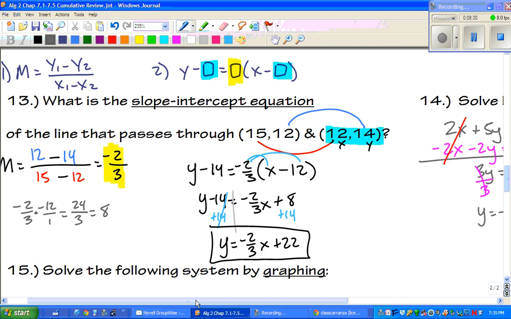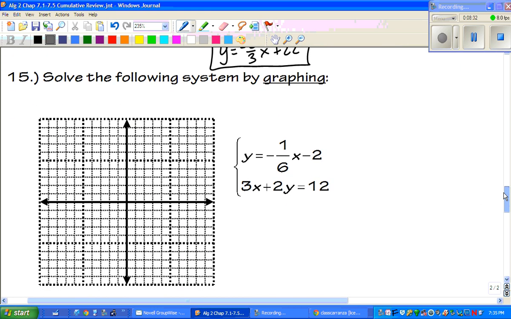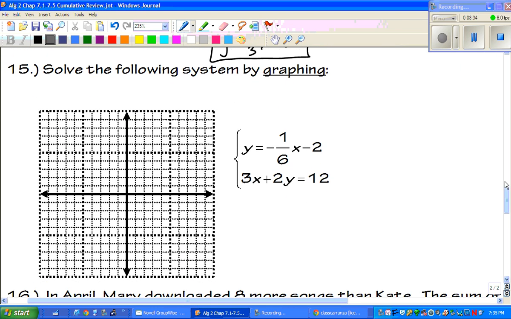All right, only a couple more, guys. Number 15 says to solve the following system by graphing. And the really nice thing is, one of these is already done by itself. So we've got our slope and the y-intercept. The slope is -1/6, which means we go down 1, right 6.